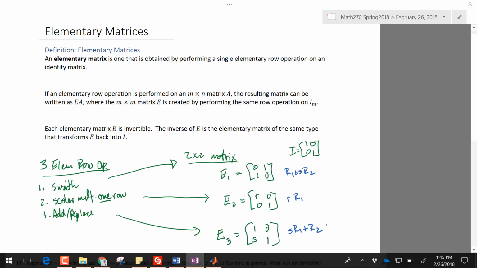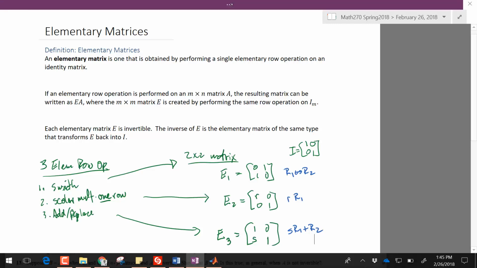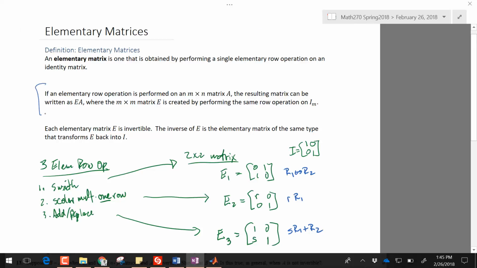So anyways, these are 3 elementary row operations for 2 by 2 matrices. Let's look at this second paragraph here. What does it say?